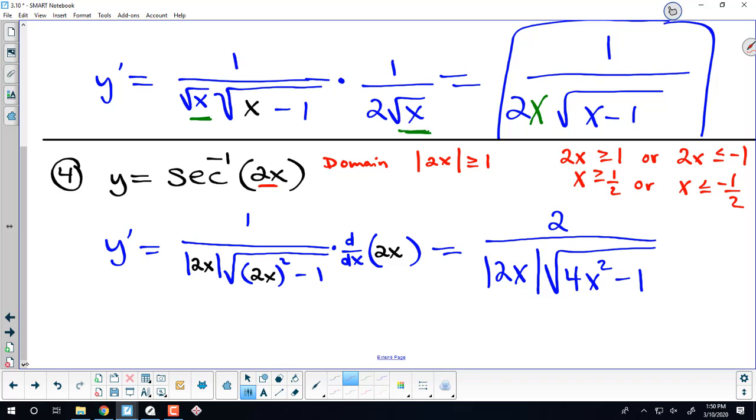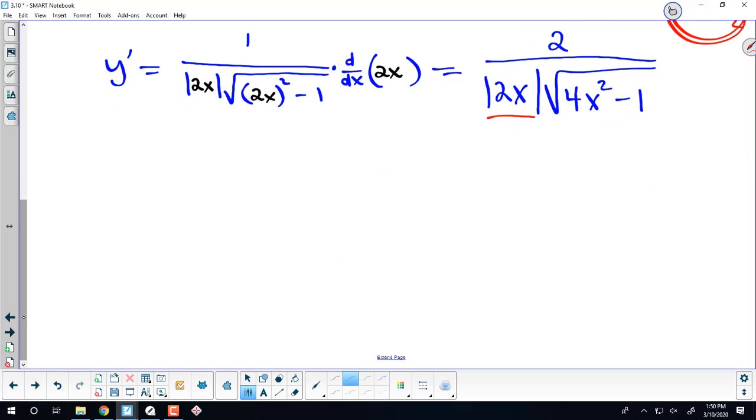So there is potential here for x to be negative. Since x can be negative, 2x can be negative, which means we can't remove the absolute value here, because 2x can sometimes be negative. So let's write that. Since x is, what did we say, less than or equal to negative 1/2, 2x can be negative.